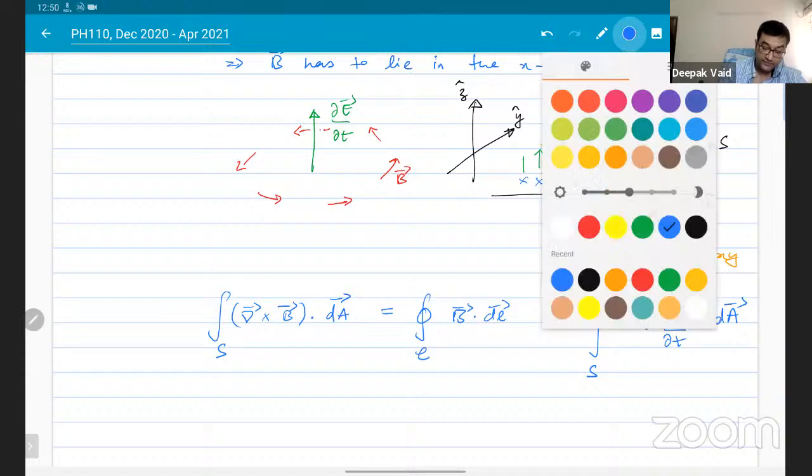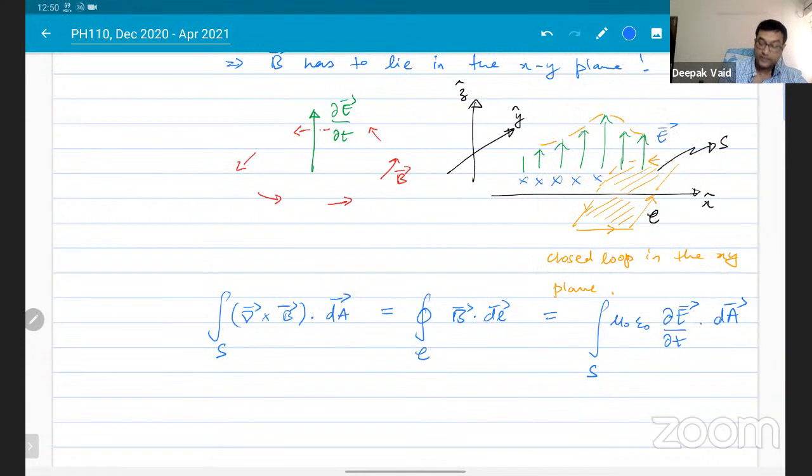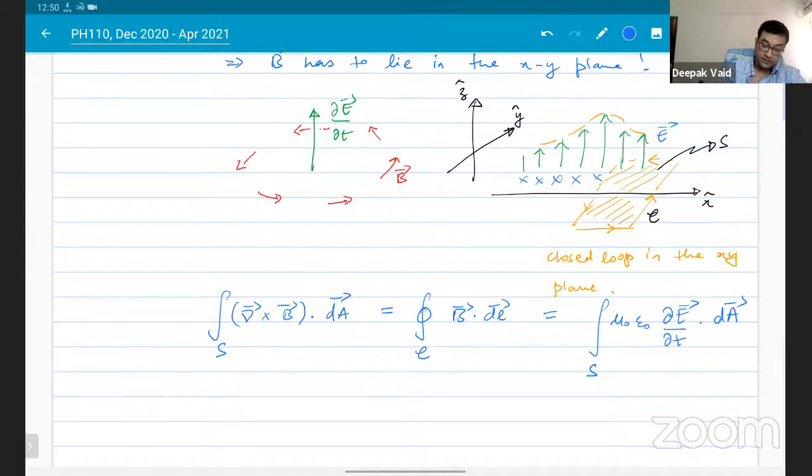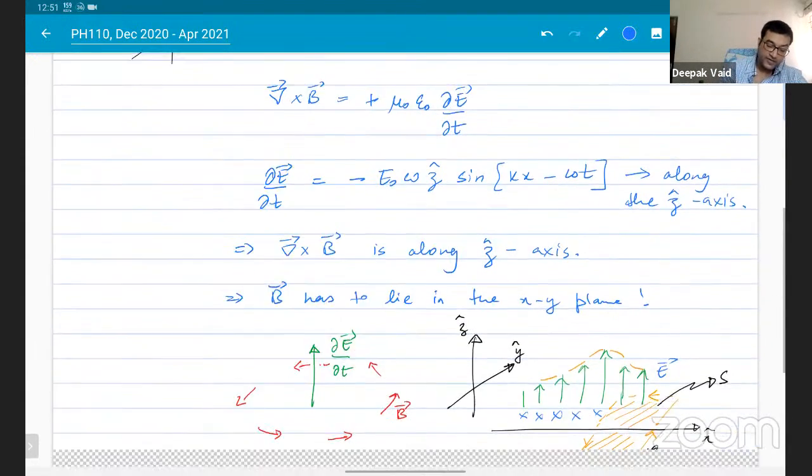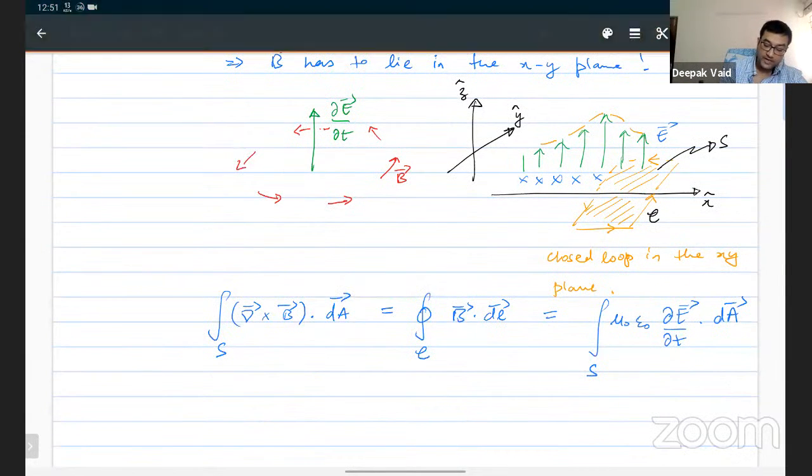So now I have this electric field which is perpendicular to this loop, right? So there is some flux of the electric field through the loop. What I do is make the loop really small so that the electric field is not really changing as I go along the loop. If I make the loop really small, I can take the electric field to be approximately constant in space. What is the magnitude of this quantity?